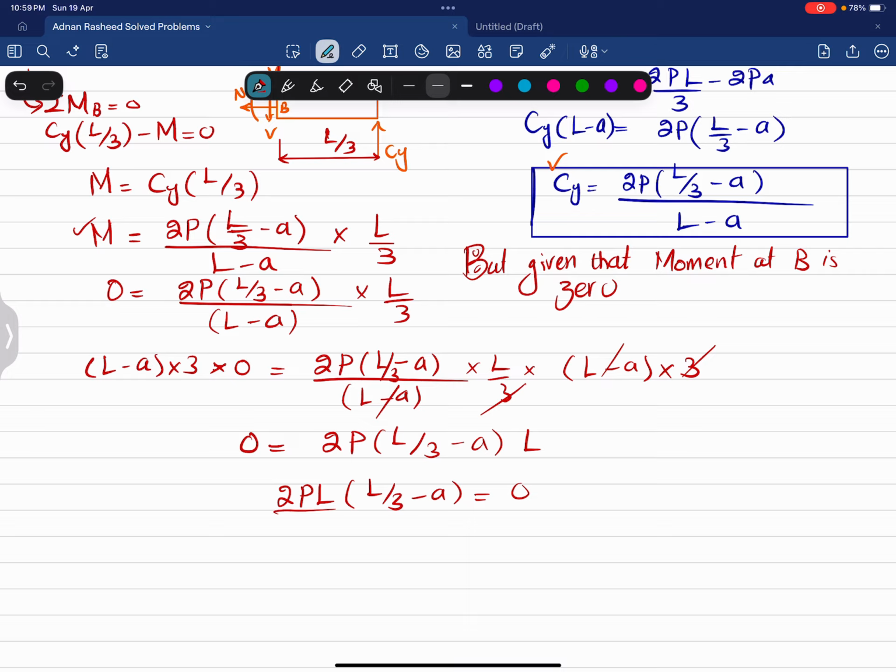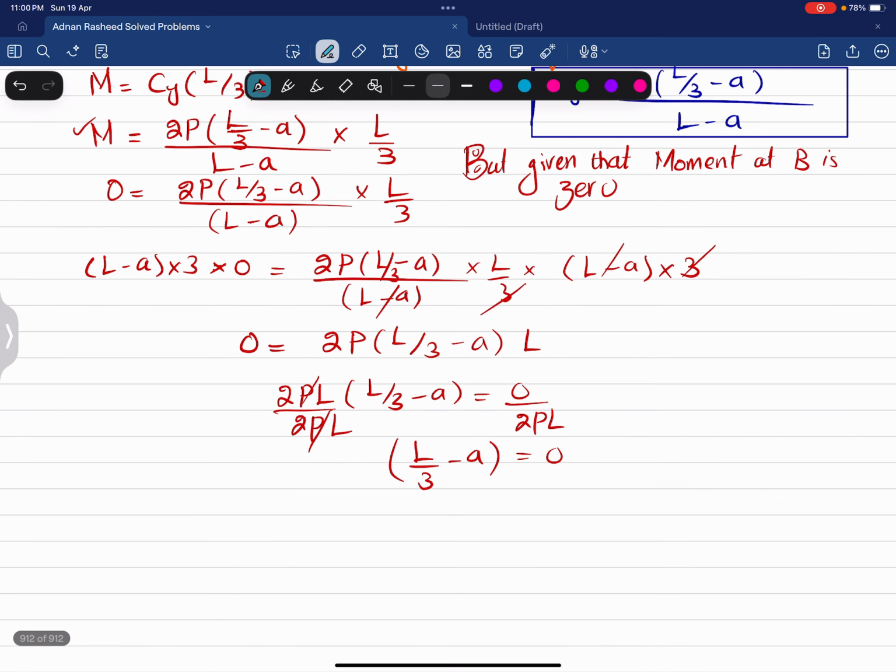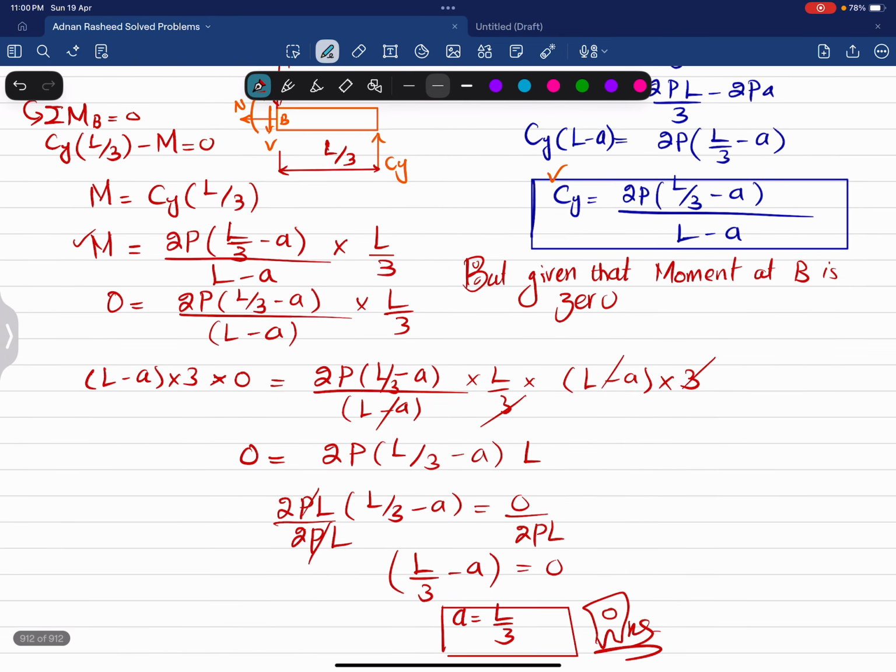If you divide both sides by 2PL, this will cut with this, and we will be left with L by 3 minus A is equal to 0. So from here we will get A is equal to L by 3.